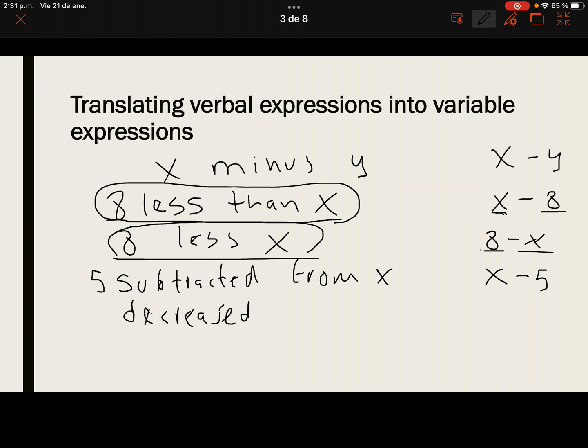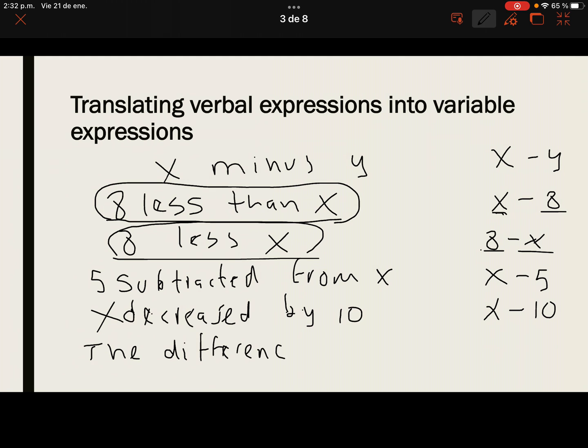Decreased by, of course. For example, x decreased by 10 means that we have x objects at the beginning, and then that number of objects is decreased by 10, so x minus 10. The last one is "the difference between."